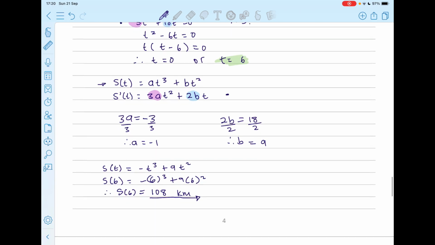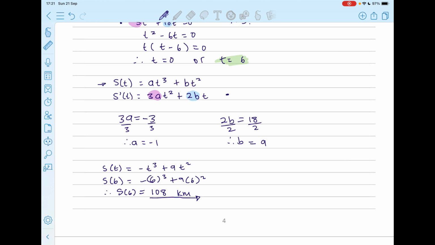From there, we tried to determine what the equation of the distance actually is, because the one we were given was the speed one. However, we do know that the speed is the first derivative of the distance equation. So if the first derivative gave us a quadratic, it means that the original distance equation was a cubic.